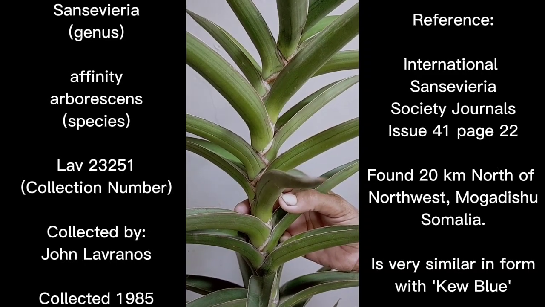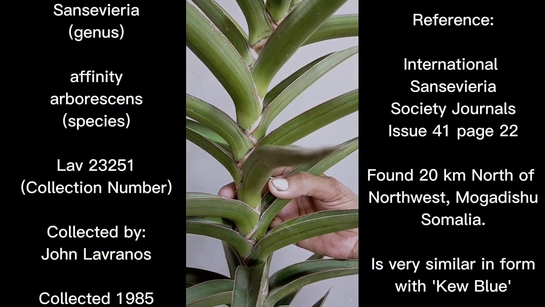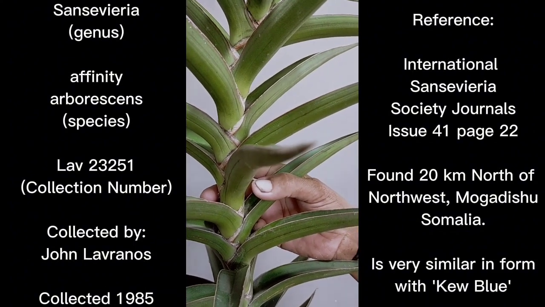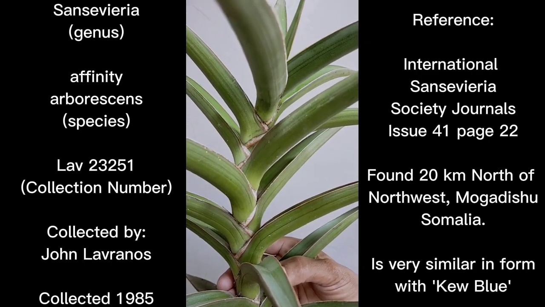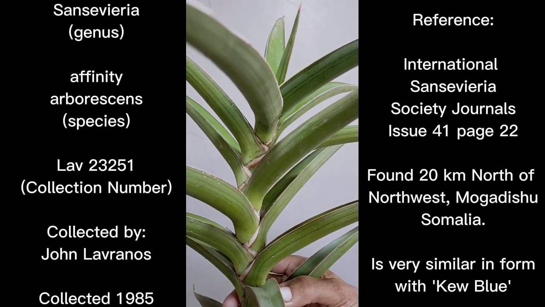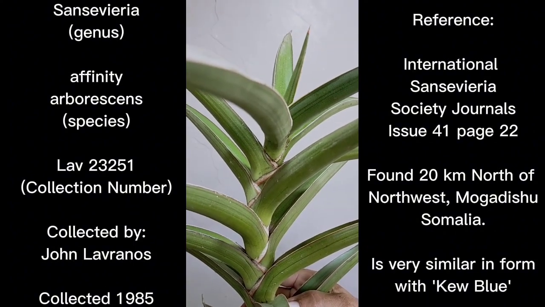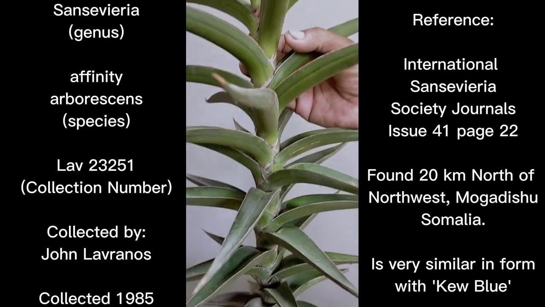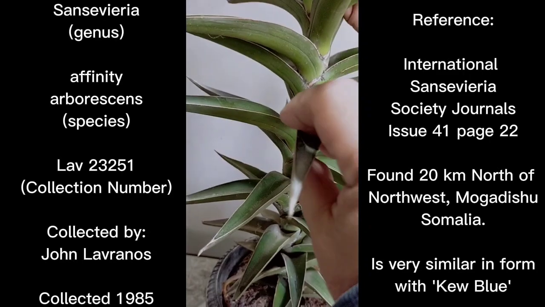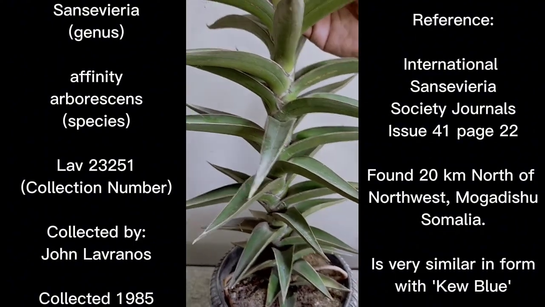Although Alan Butler has changed the designation of it to affinity arborescens, meaning it looks like arborescens but not really the common arborescens type of Sansevieria, since arborescens has thinner leaves compared to Lavranos 23251.